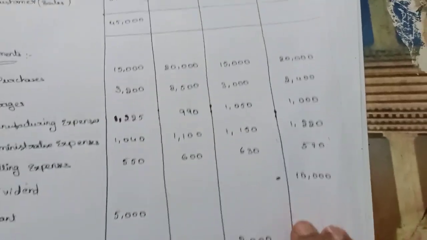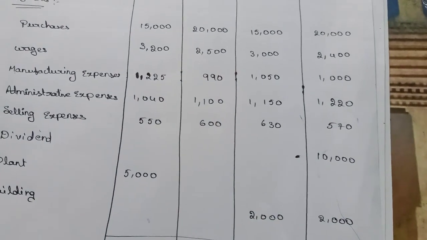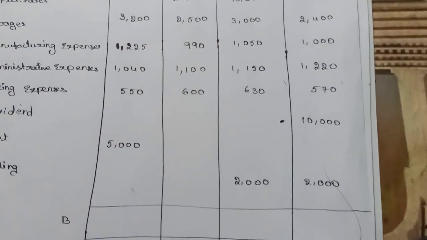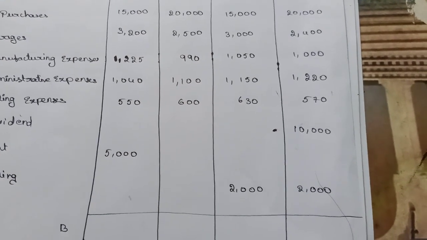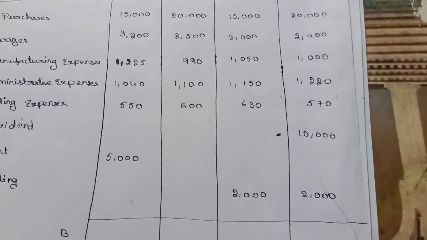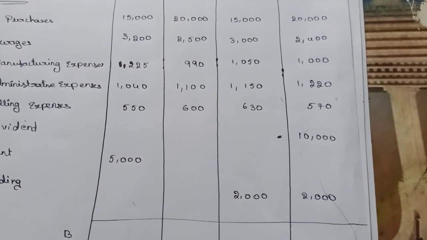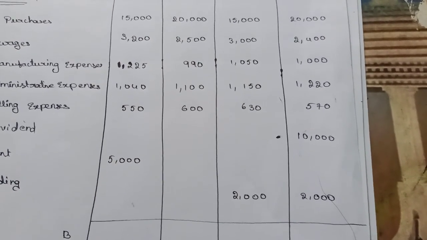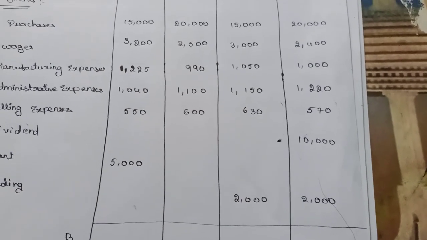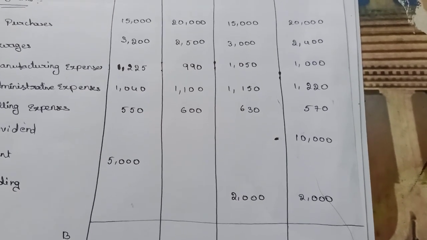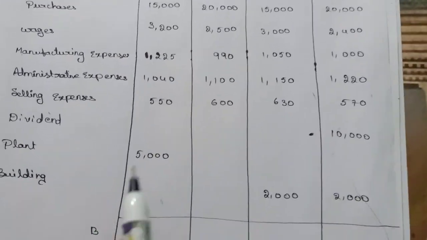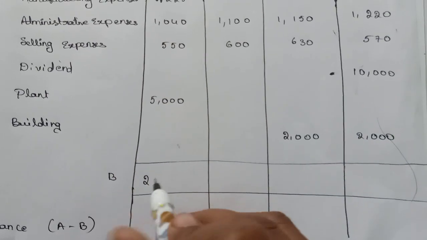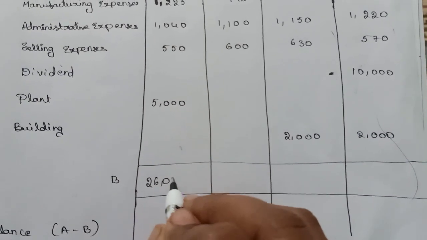Now let us calculate the payments, how much the payment is. Let us go. 15,000 plus 3,200 plus 1,225 plus 1,040 plus 550 plus 5,000 is equal to, the total amount is 26,015 rupees.